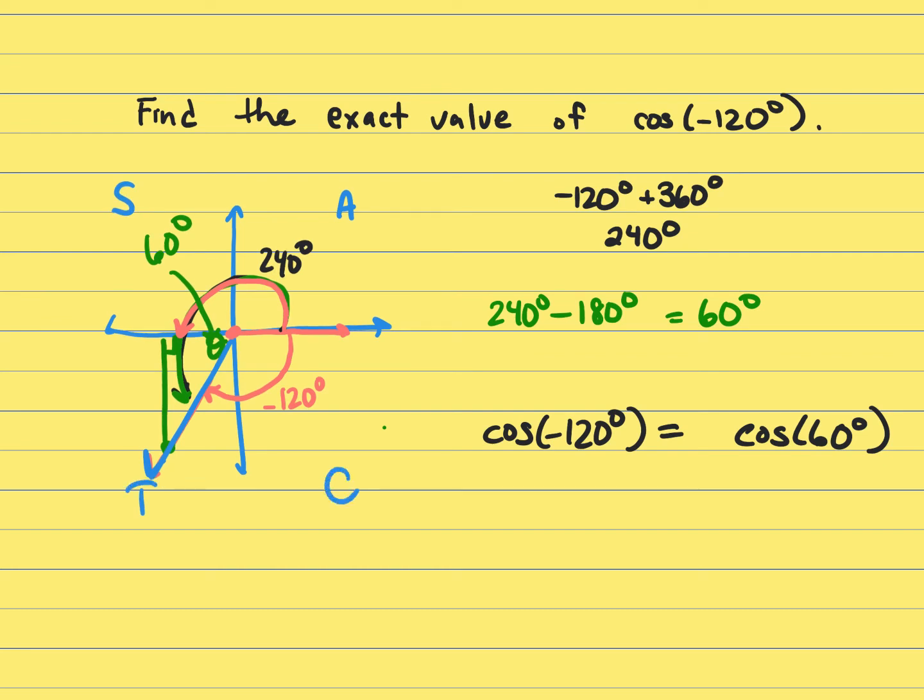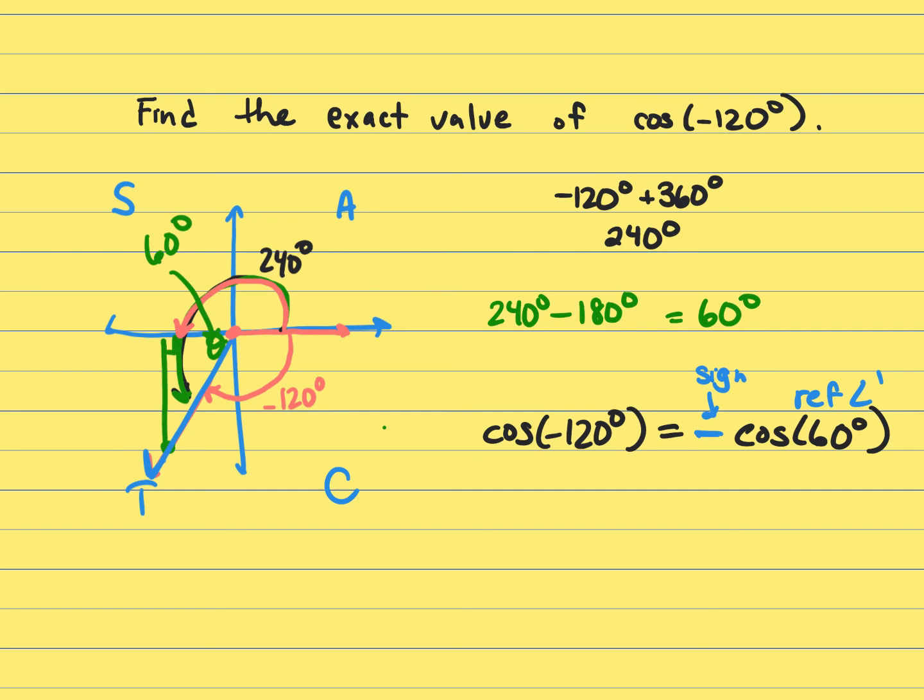So this angle is in quadrant 3, and in quadrant 3, cosine is negative. So we know the cosine of negative 120 is equal to negative cosine of 60. This is just my reference angle, and this is my sign from my ASTC chart.